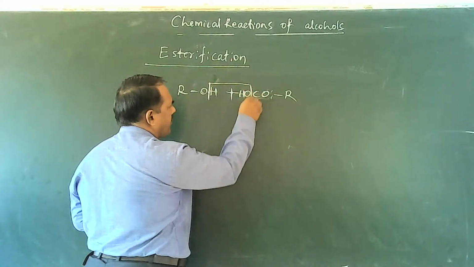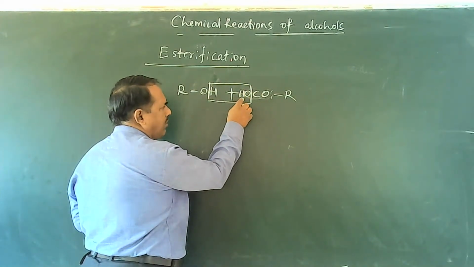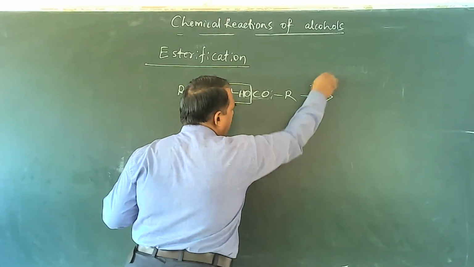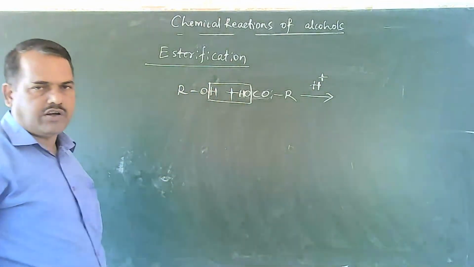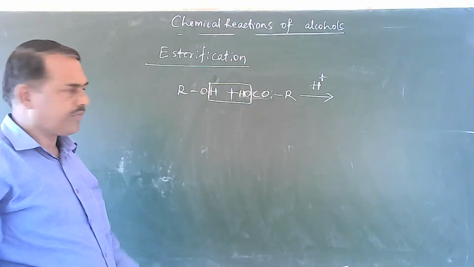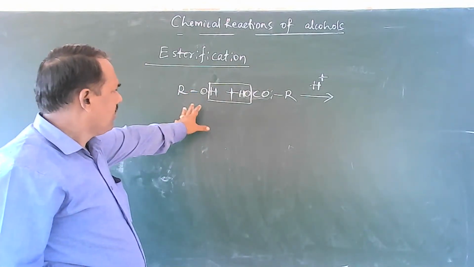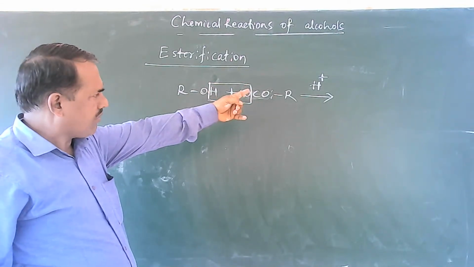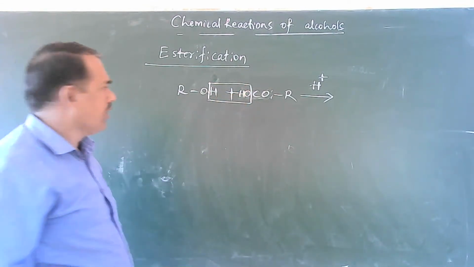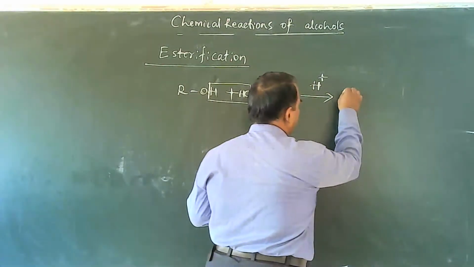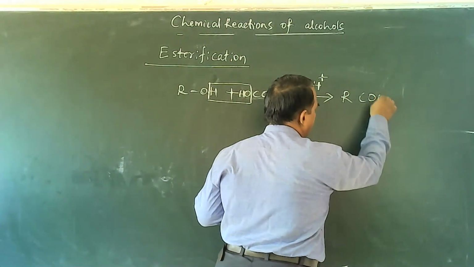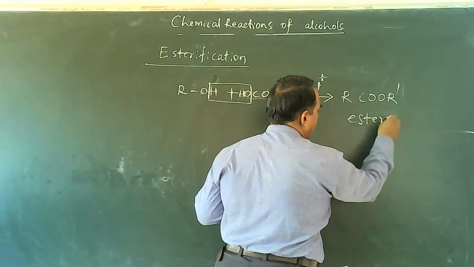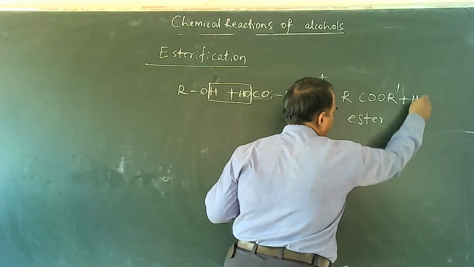This, which is nothing but a water molecule, in the presence of an acid, concentrated H2SO4. Alcohol on heating with carboxylic acid in the presence of concentrated H2SO4, an ester is formed, RCOOR', which is nothing but ester plus water molecule.